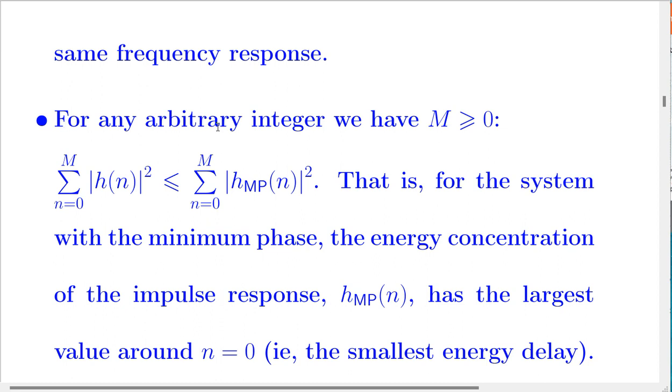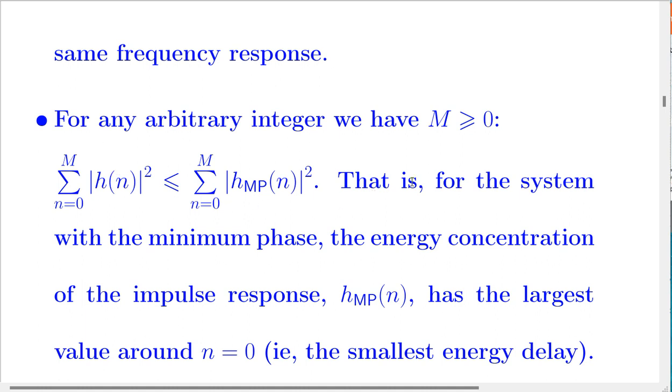Now, for any arbitrary integer M greater than or equal to 0, we'll have the summation from n equals 0 up to capital M of the absolute value of h of n squared be less than or equal to the same for minimum phase.